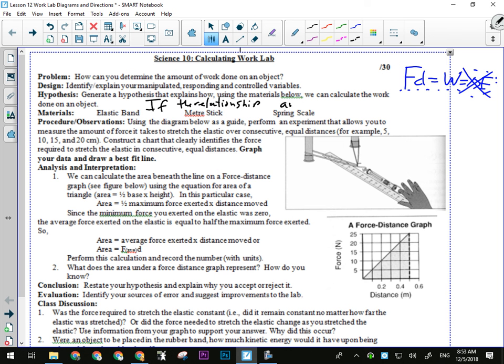And then the and part will describe the experiment, the same as it always does. The then part needs to be how you're going to calculate the work done on the rubber band using a force distance graph, because you're going to make a force distance graph in this lab.